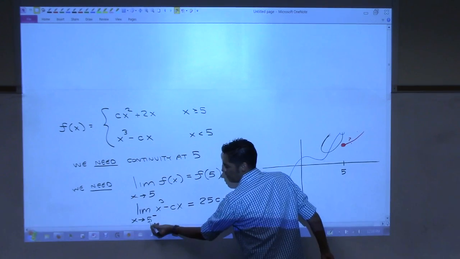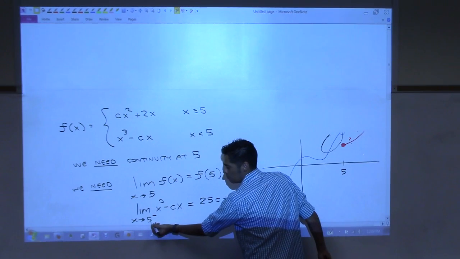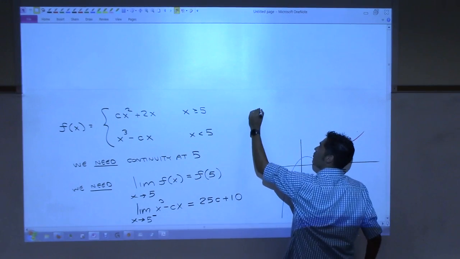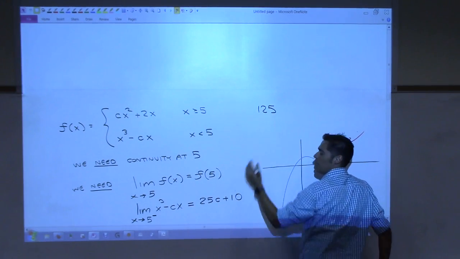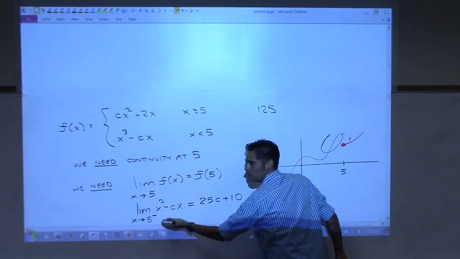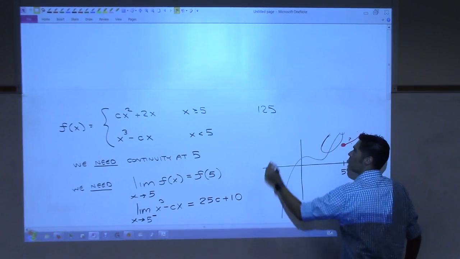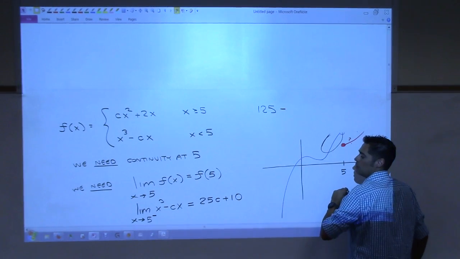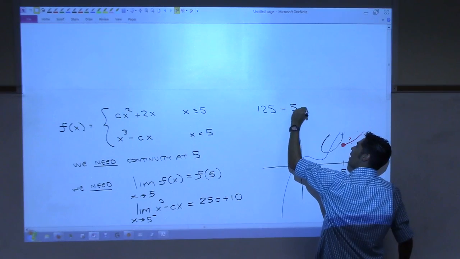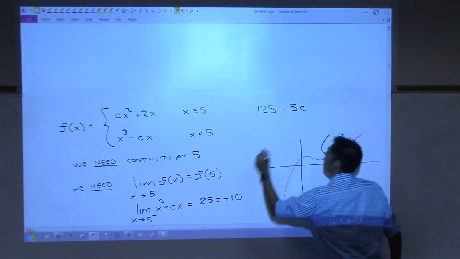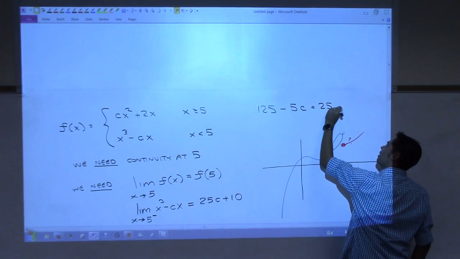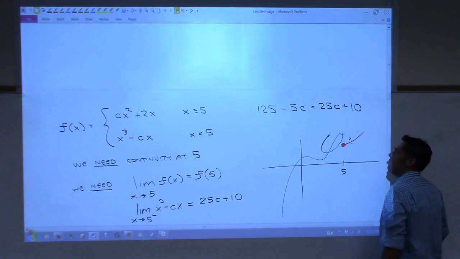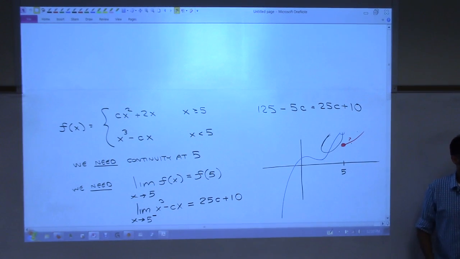Careful, x goes to 5, not negative 5. So you get 125, and I'm not writing the limit because I'm applying the limit. 125 minus 5c, and that must equal 25c plus 10. And that is a linear equation that you can solve for c. And we're there pretty much at this point.